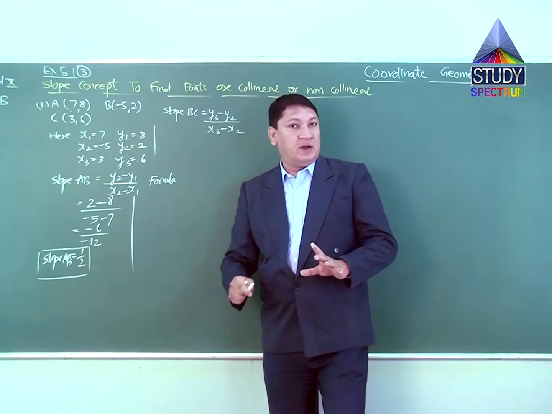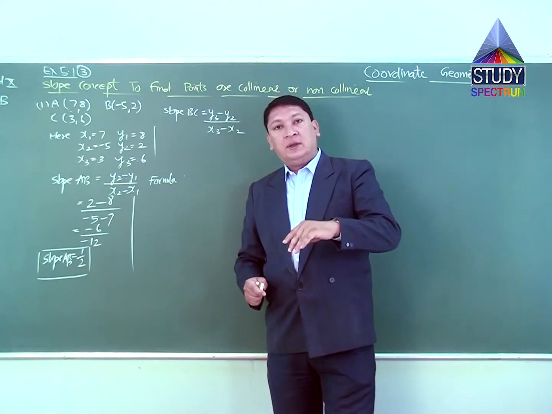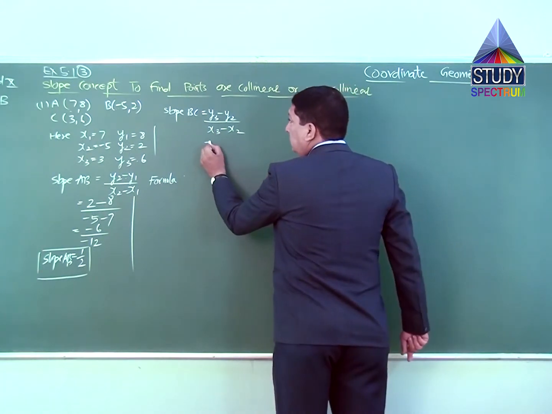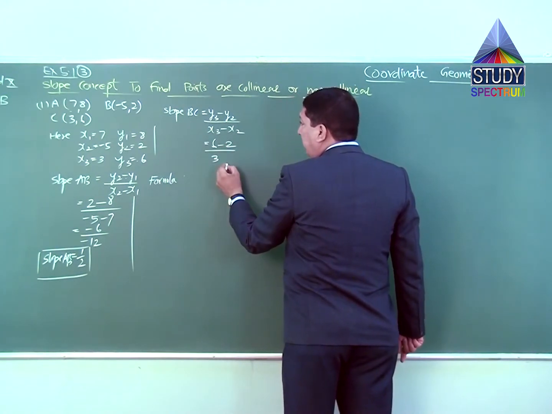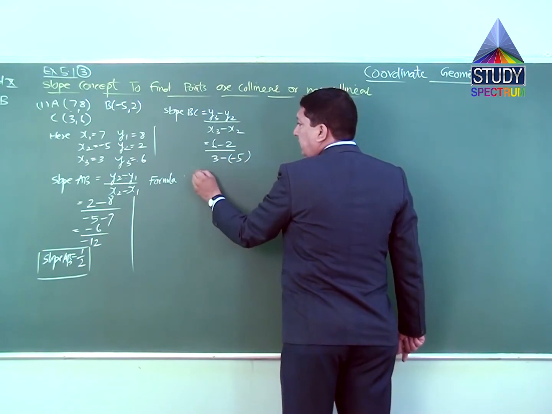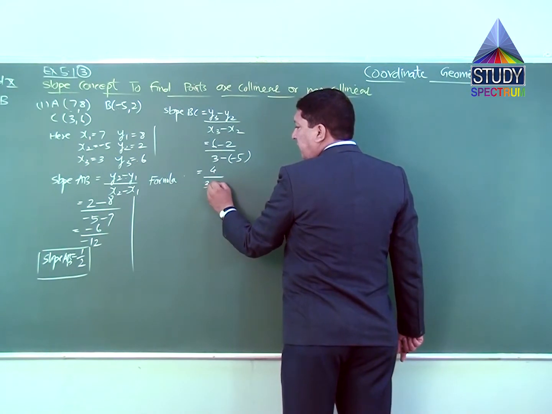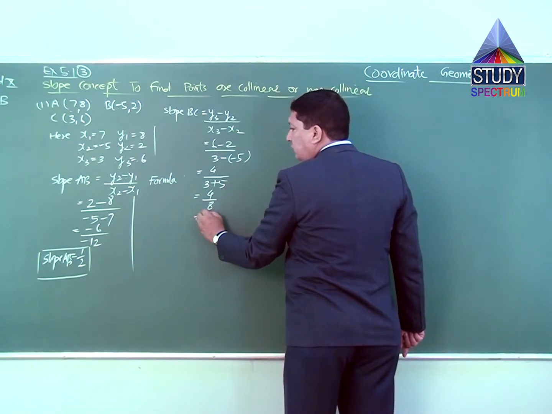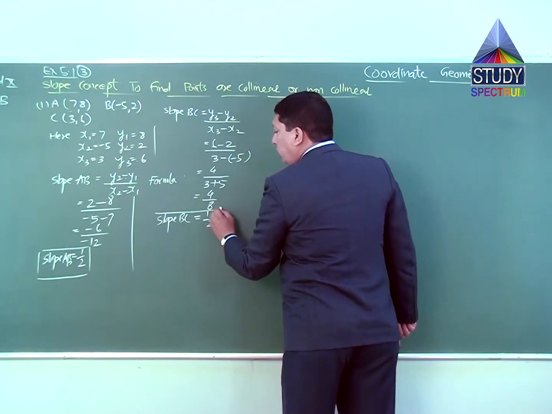The formula is y2 minus y1 upon x2 minus x1. Now you can take y10 minus y9 also. You can take any two values of the coordinates. y3 is 6, y2 is 2, x3 is 3, x2 is minus 5, so minus of minus 5. 6 minus 2 gives you 4. 3 minus of minus 5 is plus 5. So 4 upon 8, that gives you 1 upon 2. So slope BC is 1 upon 2.